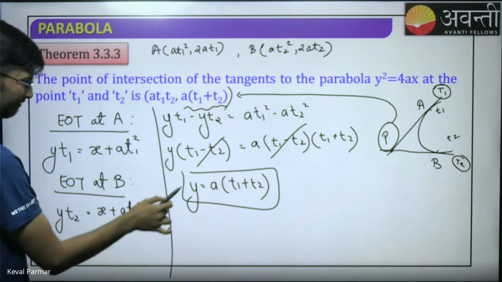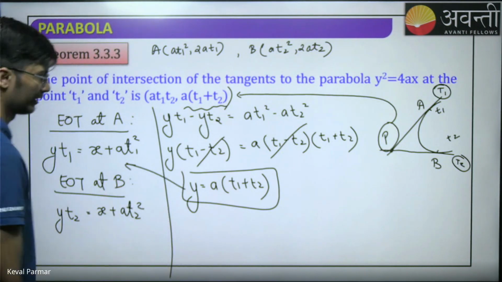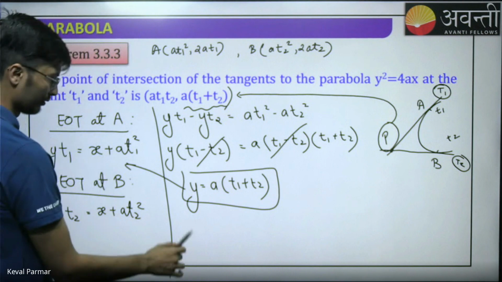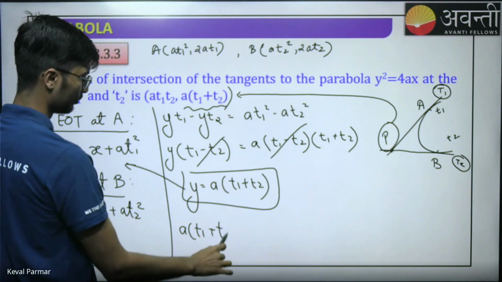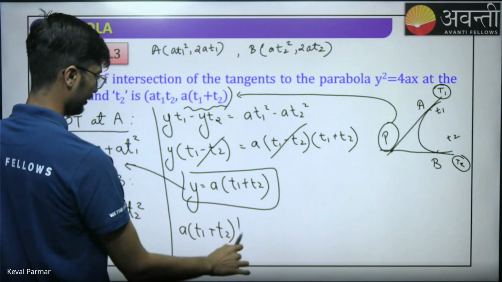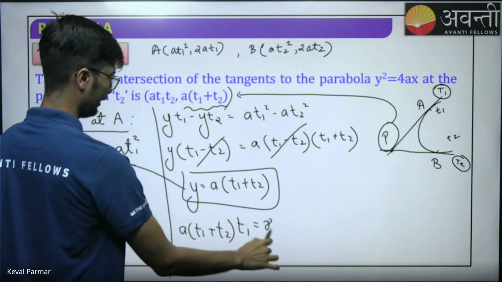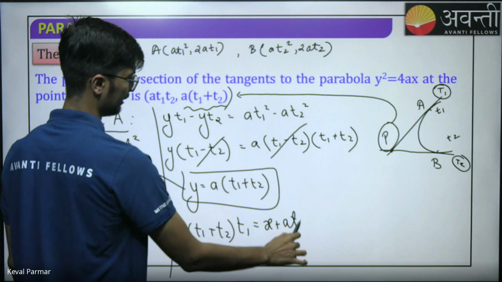Similarly, if I substitute y here, I'll get the coordinate of x. So that means a(t1 + t2) into t1 is equal to x plus a t1 square.